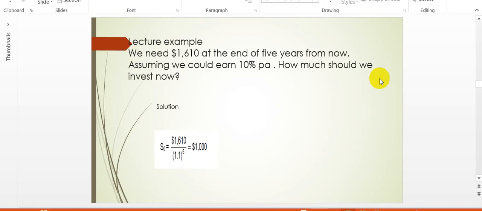So now being S0, 5 being the period, and the value in the future being 1,610, we divide that by the cost of capital of 1.1 to the power 5 to give us $1,000. So we need now at time 0 to invest $1,000 for 5 years at 10% for us to have a future value in 5 years time of 1,610.